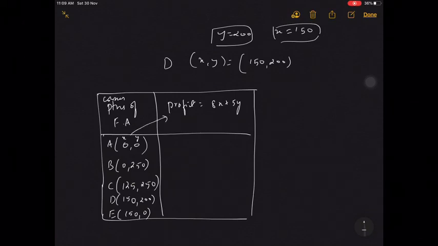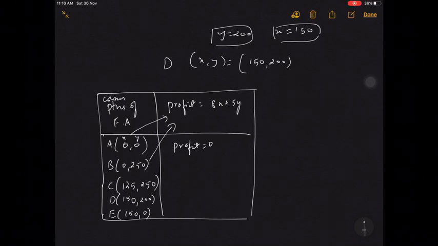Now when you put, what do you get? 0. When x is 0, y is 0, profit is going to be 0, and that's quite obvious because when you don't sell anything, your profit is going to be 0. Now next is B, which is 0 comma 250. When you put x as 0 and y as 250 in the profit function, you would get 250 into 5, that is equal to 1250.